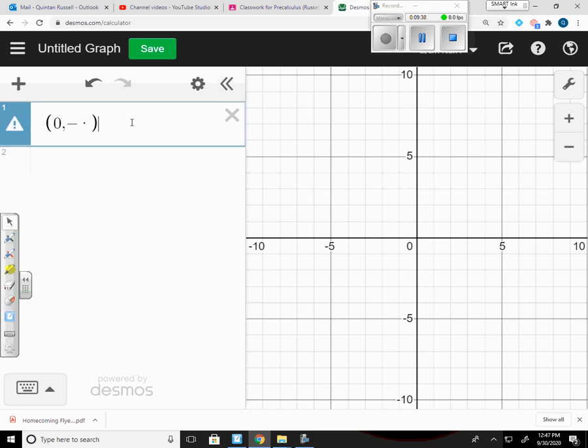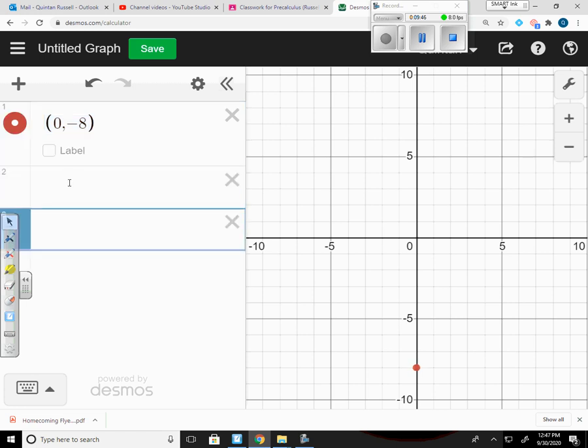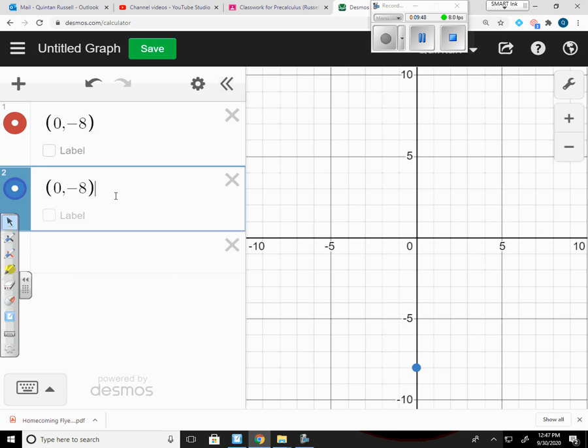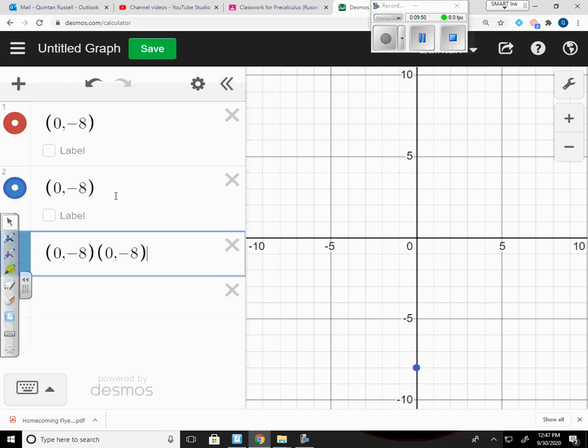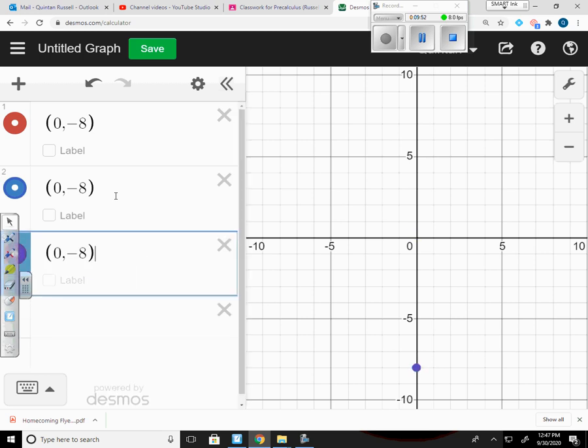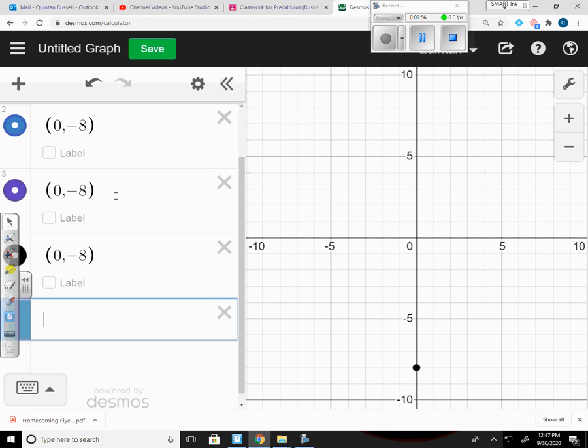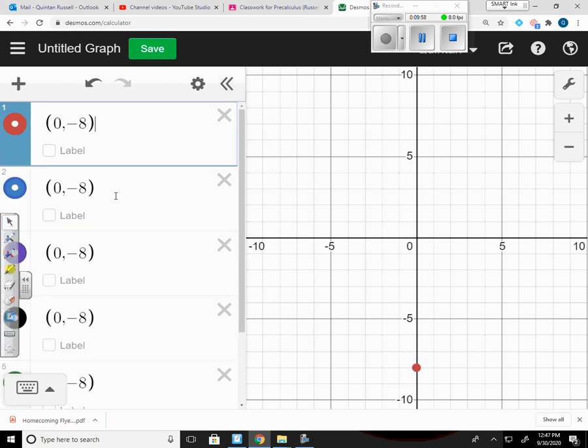If you're like me, you're lazy. I'll copy this and then enter it in a bunch of times, just so I don't have to retype my parentheses and comma.